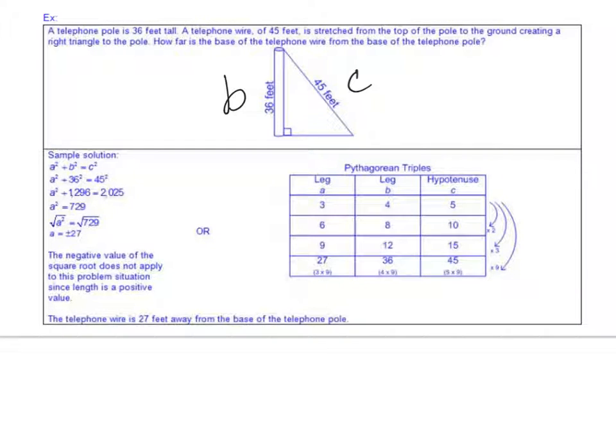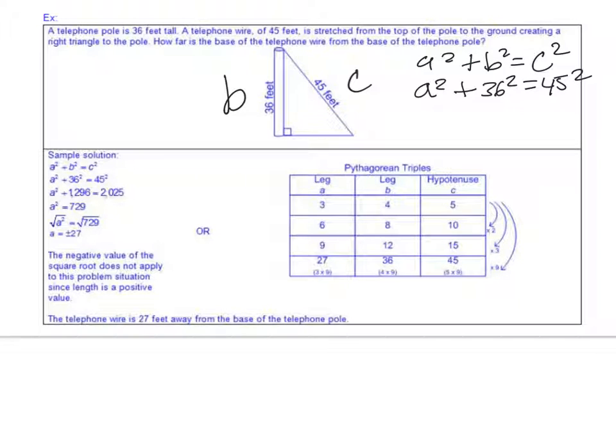So make sure that you understand we are taking a squared plus b squared is equal to c squared. Now, we know that a we don't know, so we can rewrite that as a squared plus 36 squared is equal to 45 squared.